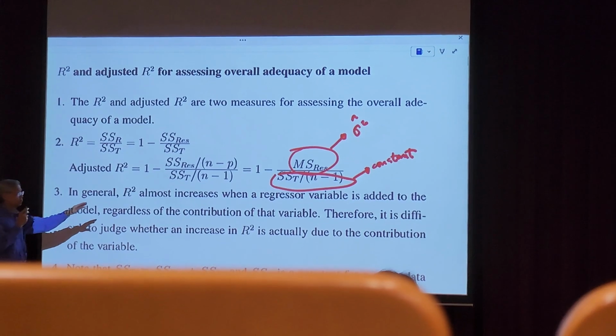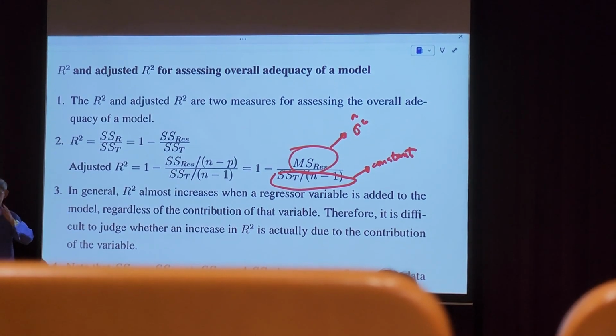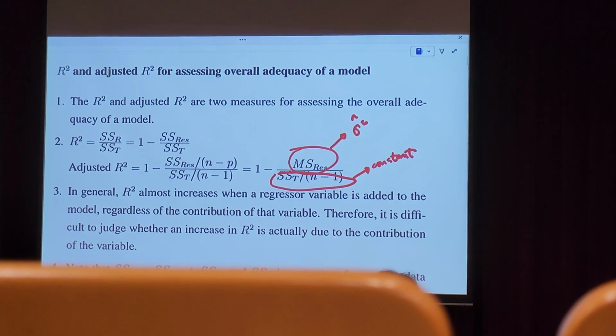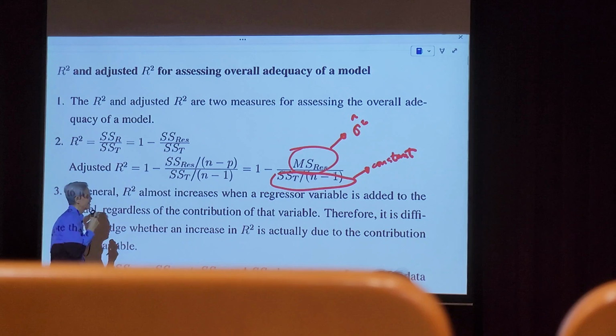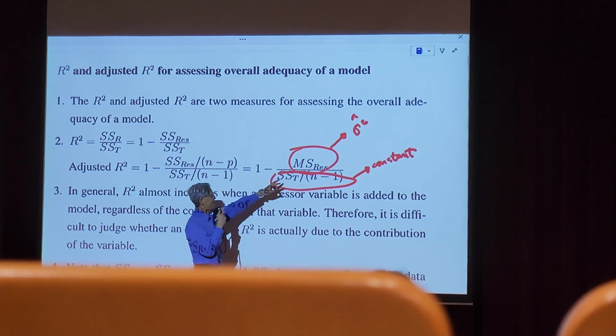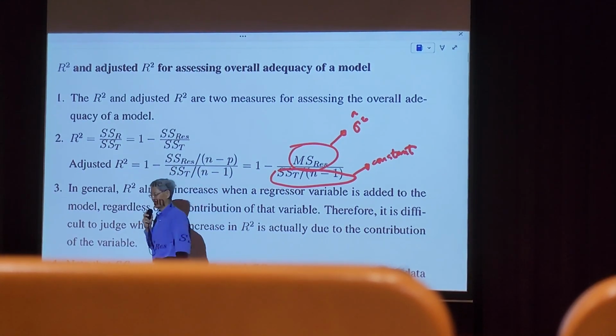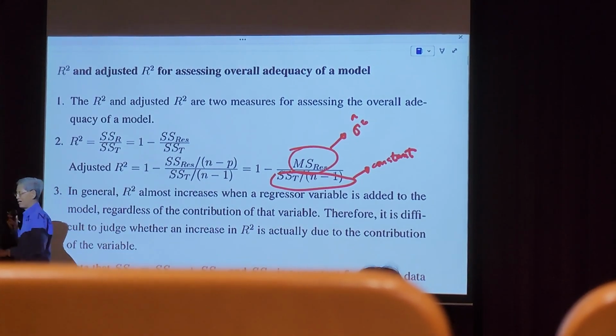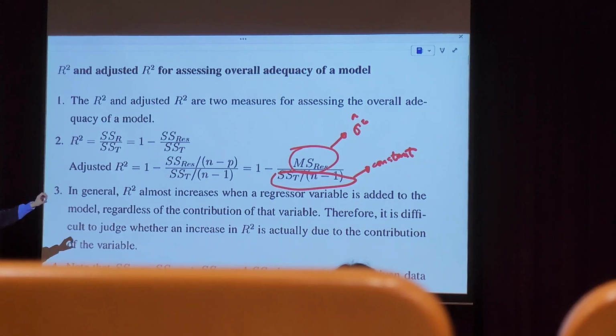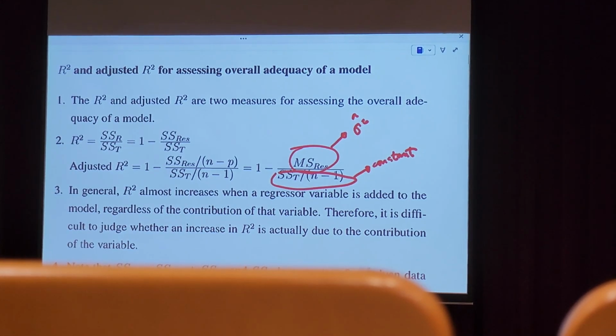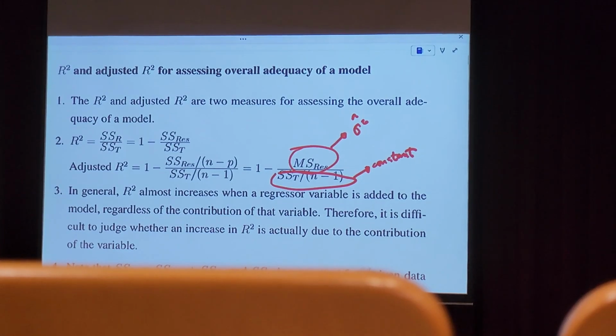And mean square residue changes with order. That's why we call this estimate, mean square residue, model dependent. Every time you change the model, you get a different estimate. But if I add a new regressor variable, let's say h to the power 3, then I can check, has the variance of the experimental error gone down?